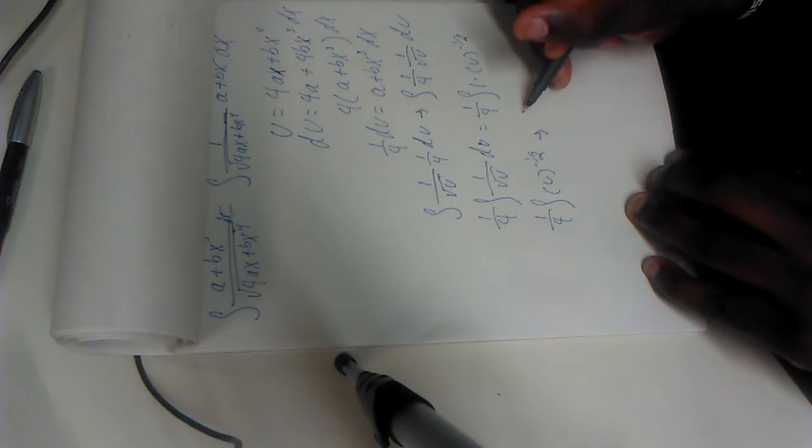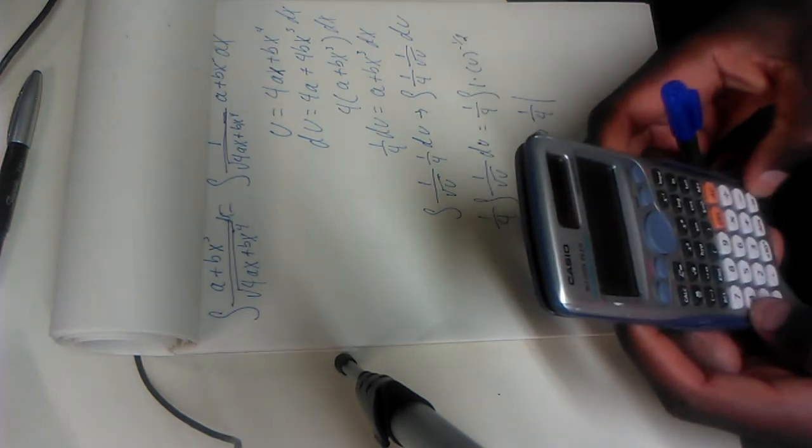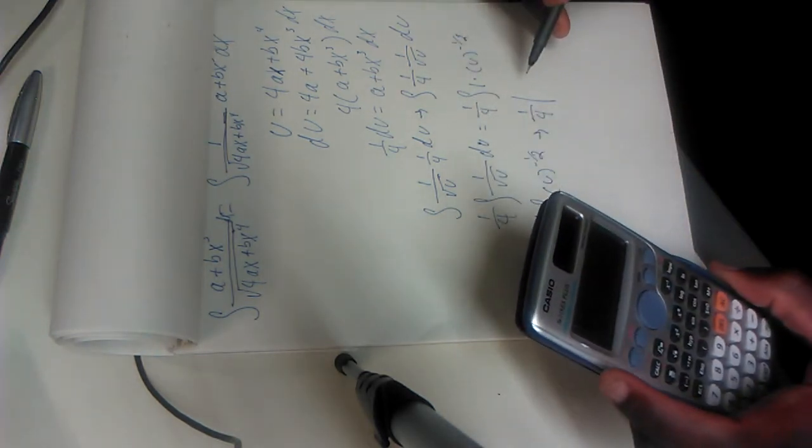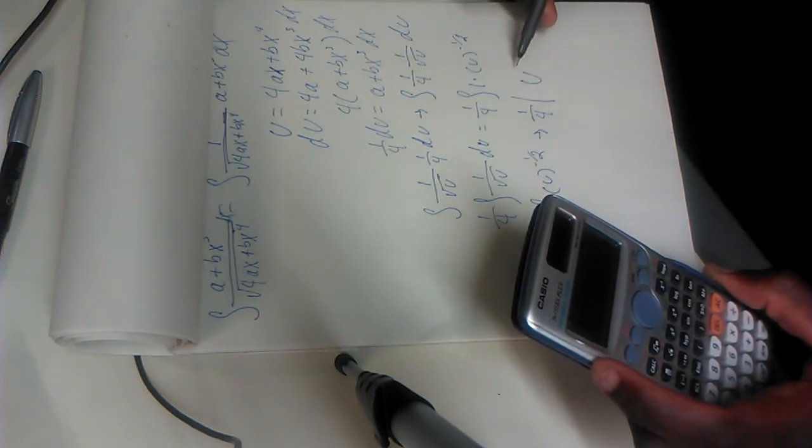Now we're ready to integrate. I draw a line to get rid of the integral symbol. So negative 1/2 plus 1 is equal to 1/2.